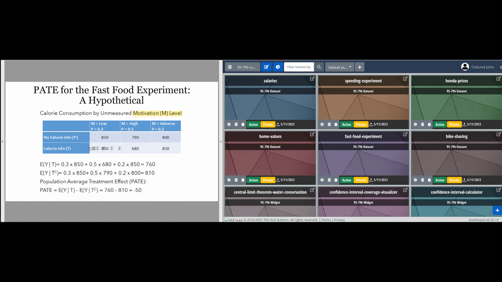Now, in this alternate universe, this other group where we did give people calorie information, the unmotivated people had no change in their behavior. They ate the same amount of calories on average that they did before. The highly motivated group ate fewer calories on average. The adverse group, having been annoyed by this person handing them something to read, actually ate more.